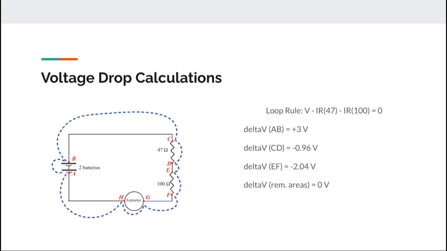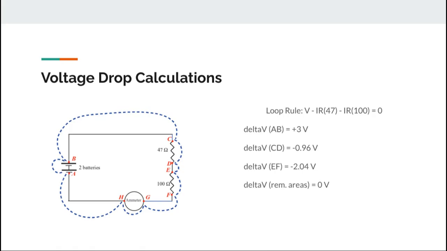Then you have the voltage drop calculations. Basically the loop rule, all the voltage when you go around the loop will basically equal 0 at the end of it, the difference of the potential voltage. So you have delta V from AB, that was positive 3 as the 2 batteries increased the charge. Then you had delta V from C to D, that's the first resistor, minus 0.96.